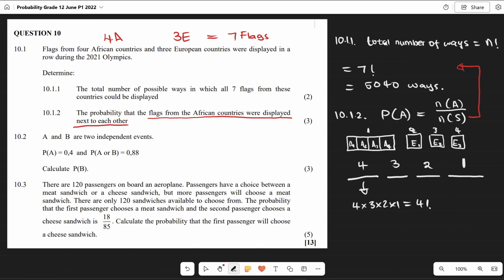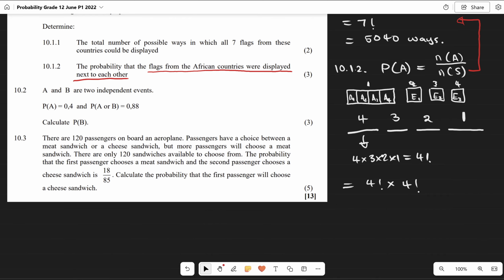So actually our answer is 4 factorial times 4 factorial. This 4 factorial explains how to arrange these 4 items, and this other 4 factorial explains how to arrange inside this one item, which is a group of African flags. So that is what it is.